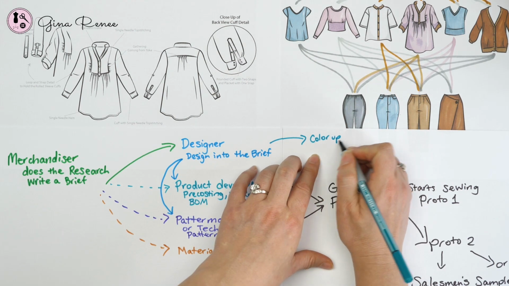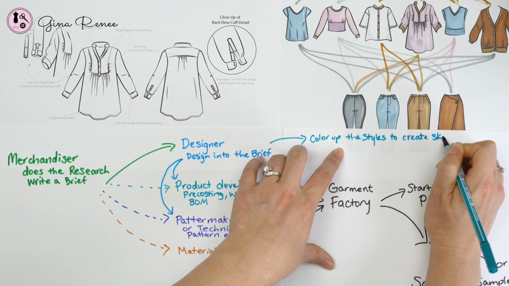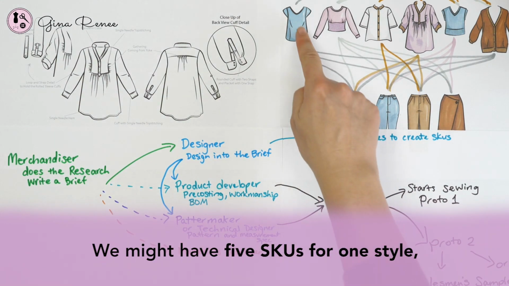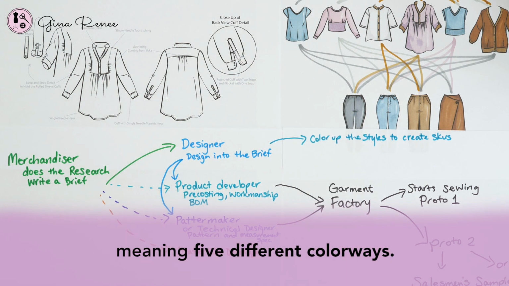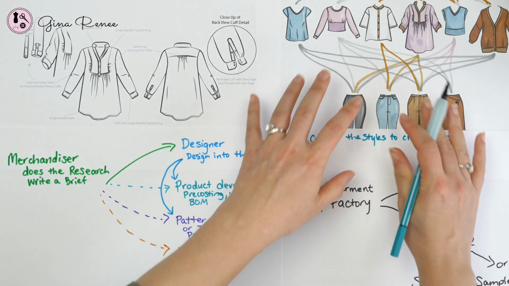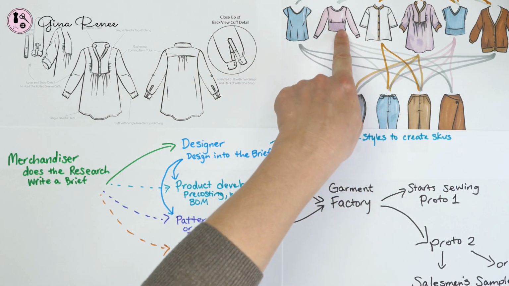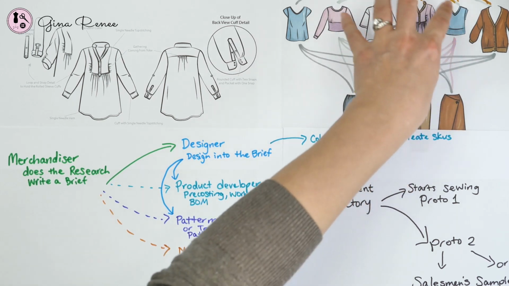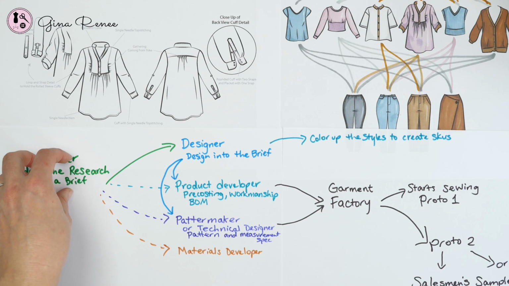So we color up the styles to create the SKUs. We might have 5 SKUs for one style, meaning 5 different colorways. And once that coloration process is done, they might have, let's say, 10 different colors here, or 3 colors here, or variables based on that original briefing and what's needed in the collection.